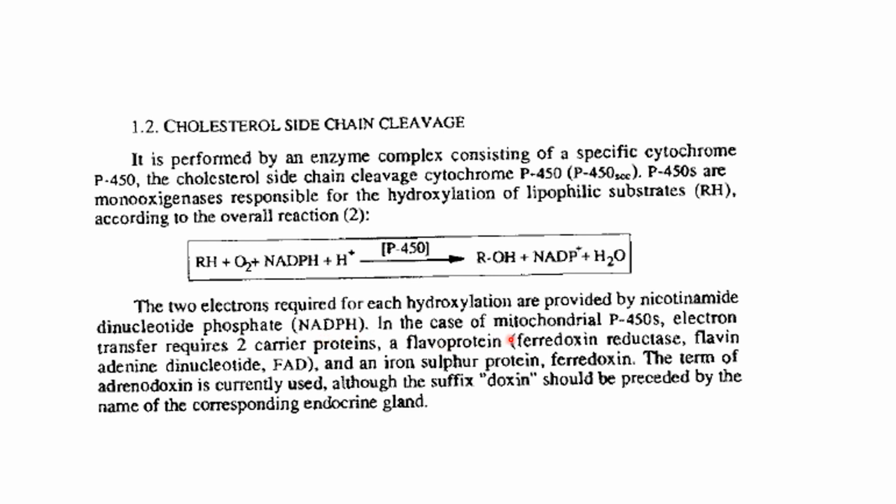In the case of mitochondrial P450 side chain cleavage enzymes, we're going to need two electron transfer carriers. One of them is a flavoprotein, a ferredoxin reductase, called FAD. We also need an iron sulfur protein called ferredoxin.